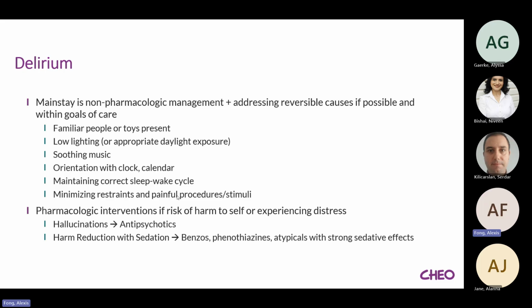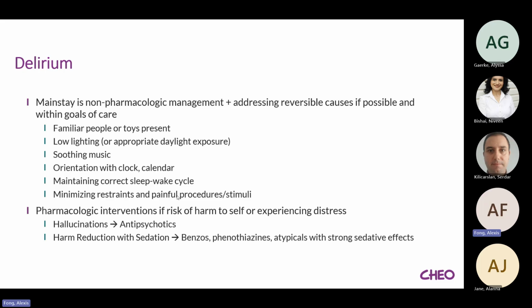The mainstay, as you know, for your ICU patients, for example, is non-pharmacologic management first and addressing reversible causes if possible. So non-pharm: familiar people or toys present, low lighting, appropriate daylight exposure, trying to maintain correct sleep-wake cycles, minimizing restraints and painful procedures or stimuli, and then pharmacologic interventions if there is risk of harm to self or the patient is experiencing distress.